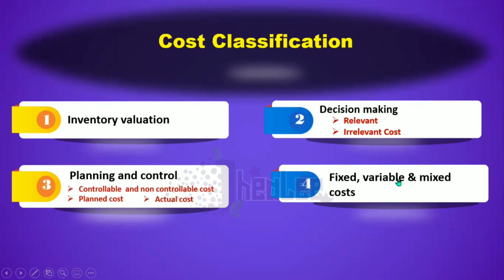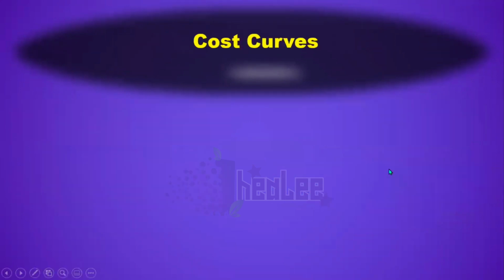The next topic that you need to focus on is cost curves. You may be given some curves and asked to identify the type of curve. You may be given a scenario and asked to draw the curve relating to it, etc. You'll never tell how this question may be presented.